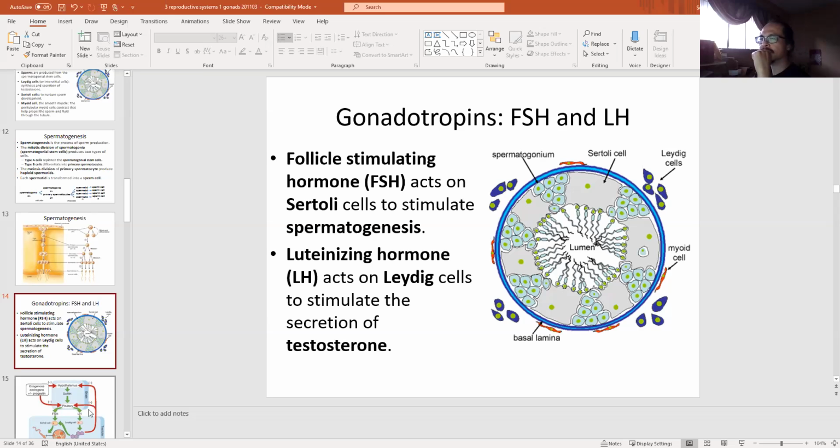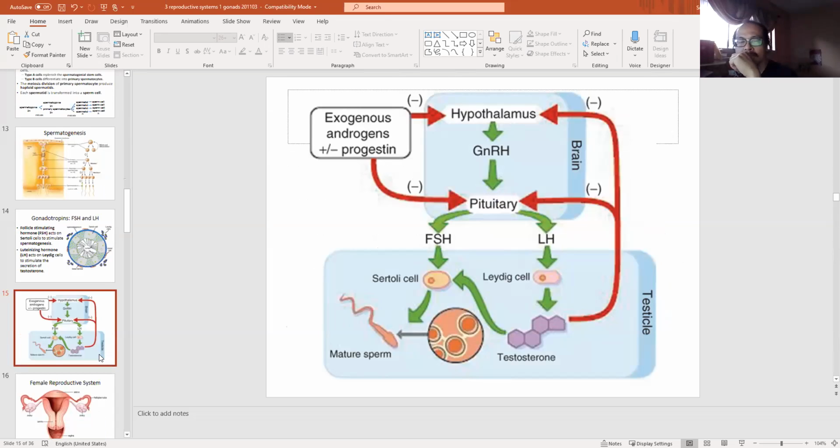So this graph summarizes what we have talked about in this male reproductive system. The hormone-wise, the hypothalamus produces the gonadotropin releasing hormone. Then GnRH will act on the pituitary. The pituitary has the anterior and the posterior. This is the anterior. Then it will release the follicle stimulating hormone and the luteinizing hormone, FSH and LH.